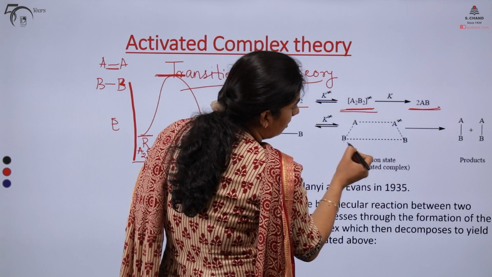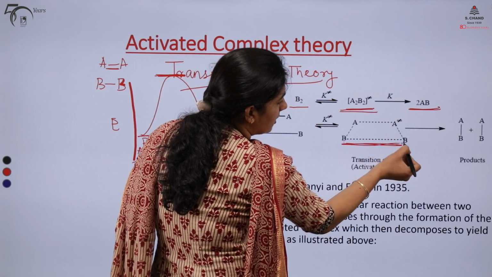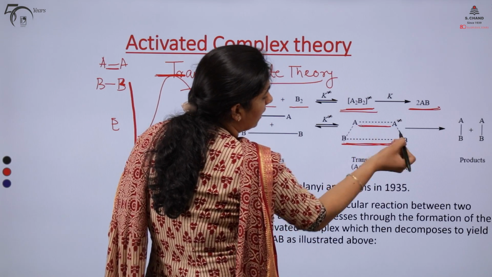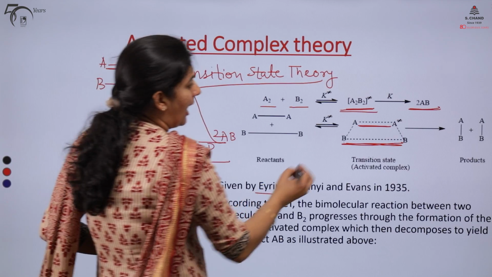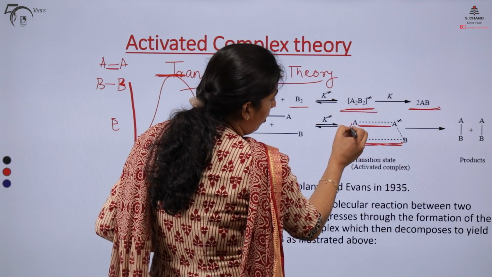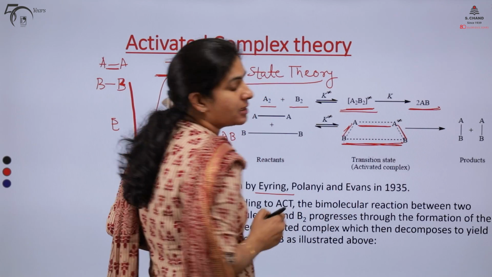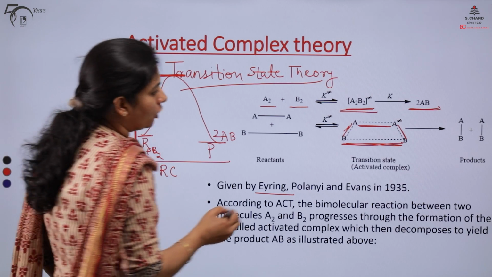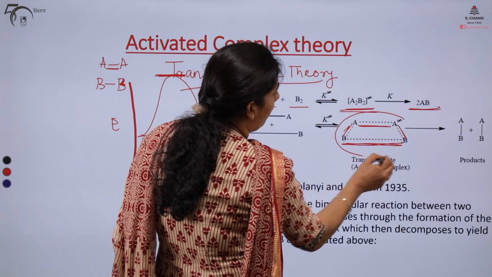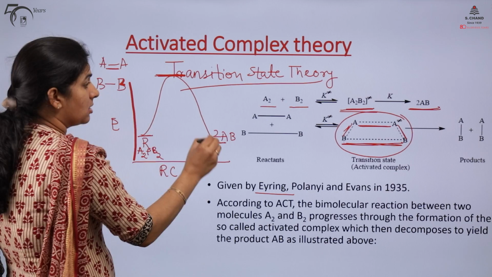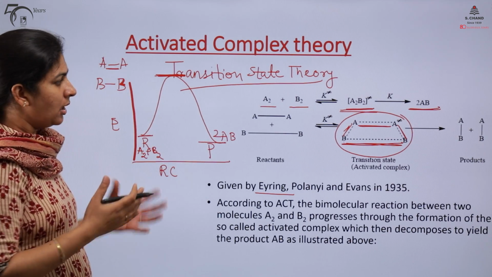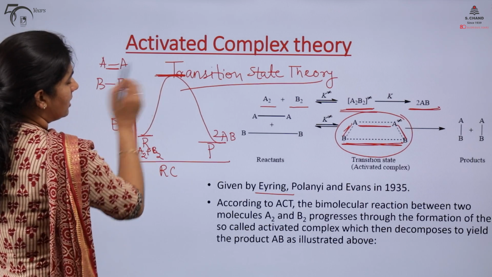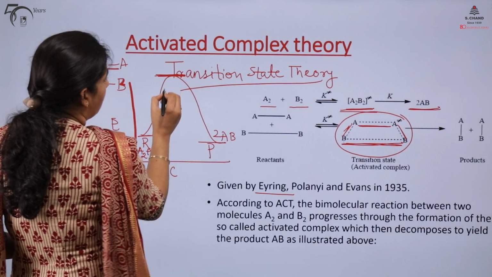You see here, the bond is getting elongated. Here also it is getting elongated. So this bond is getting weakened, and at the same time the bond between A and B is getting formed. This kind of structure which is formed in between the reactant and product is called an activated complex. It is higher in energy, as we can see from the energy level diagram also.